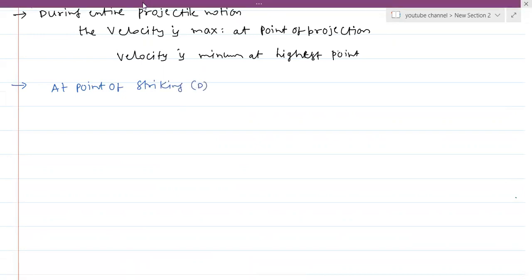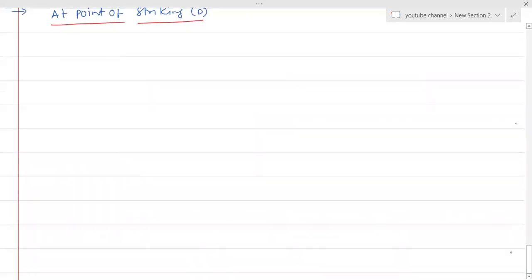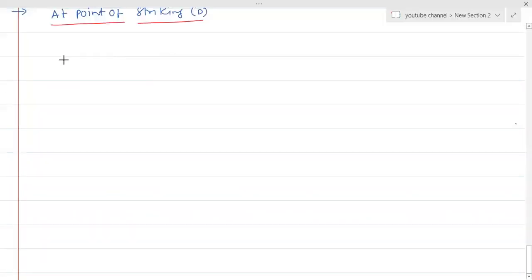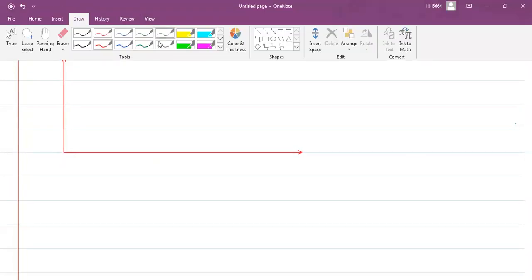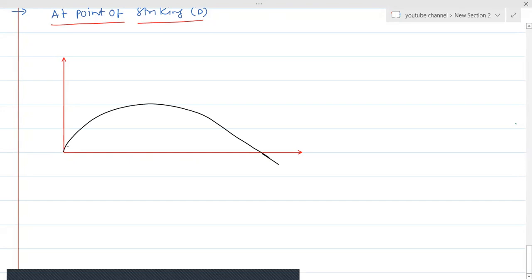At the point of striking, we need to analyze it, so we are taking a discussion about it. If this is the initial angle, the initial velocity, this is also equivalent to.